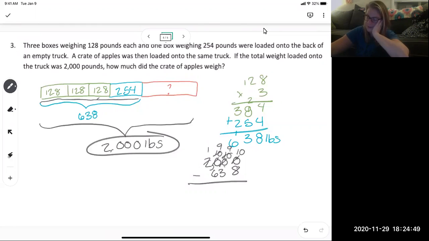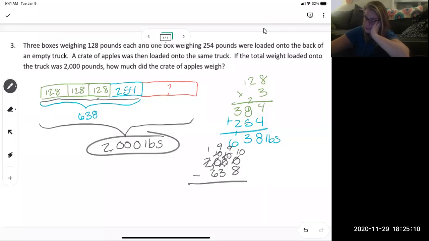Okay, so we needed to borrow from here, but we had nothing, so we had to make it 10 by borrowing from here where there was nothing. And then we had to borrow from our thousands place to make this hundreds place a 10, and then borrowed from there, made this tens place a 10, and borrowed from there to make this ones place a 10.